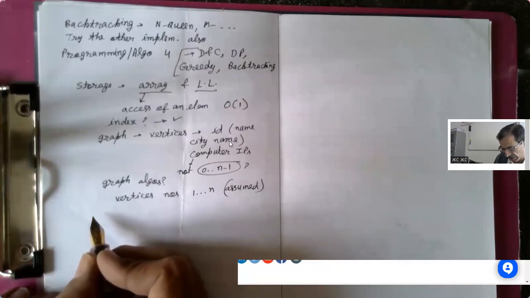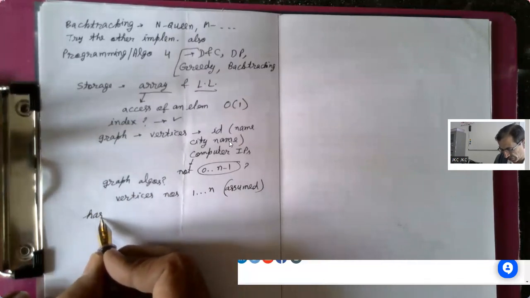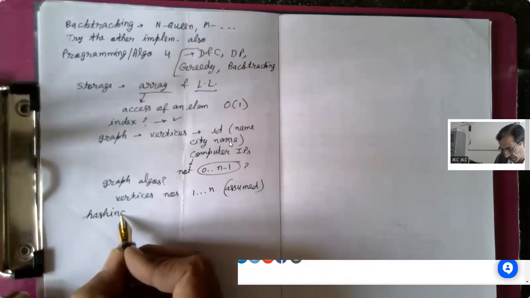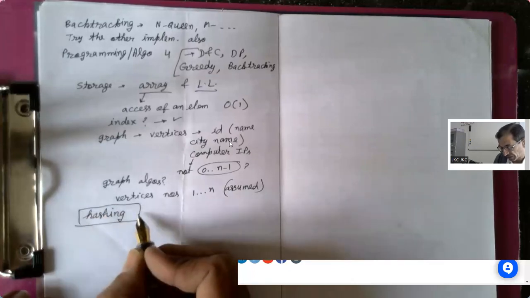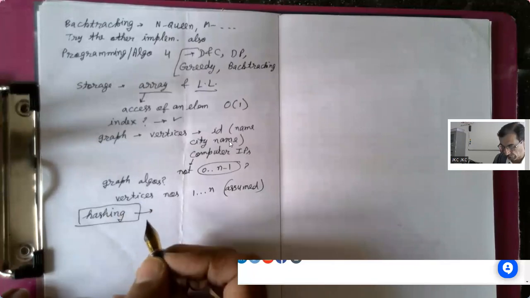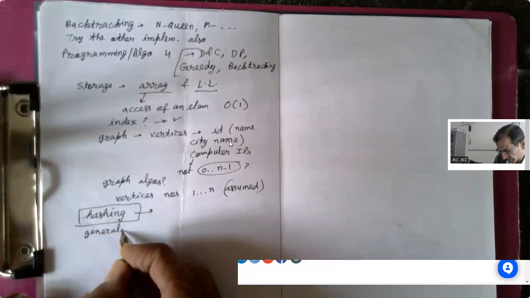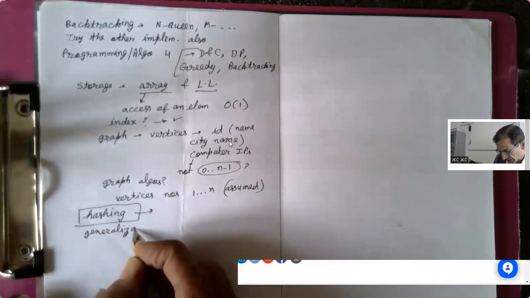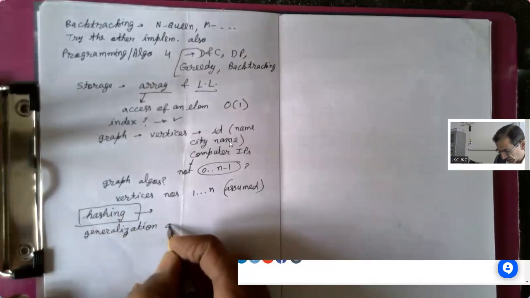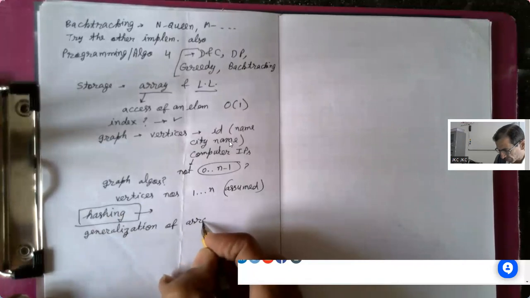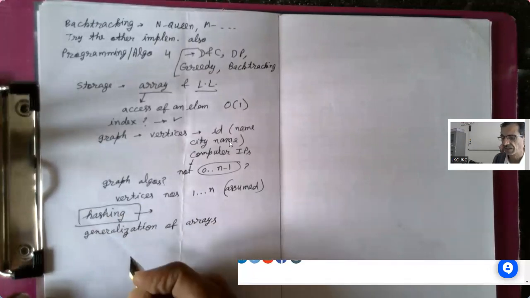Yes, dear friends, the solution available for that is called hashing. Hashing is a new concept which will be used primarily to generalize arrays. Generalization means that the indexing will now be much easier.